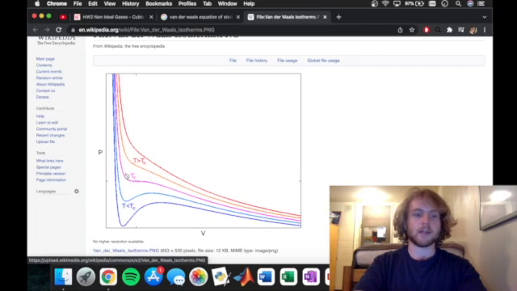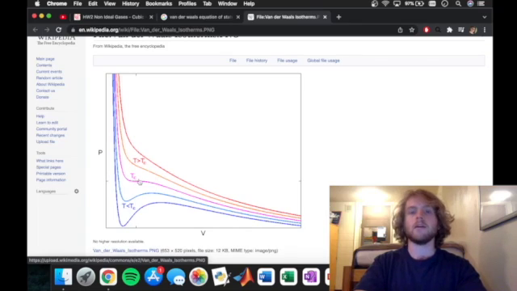This pink line right here represents how the pressure and volume relate to each other at the critical temperature, and these lines up here above the pink represent any temperature above the critical temperature, and these blue and violet colors down here represent the temperatures below the critical temperature. But we are mainly going to be focusing on this pink one right here, the critical temperature line.